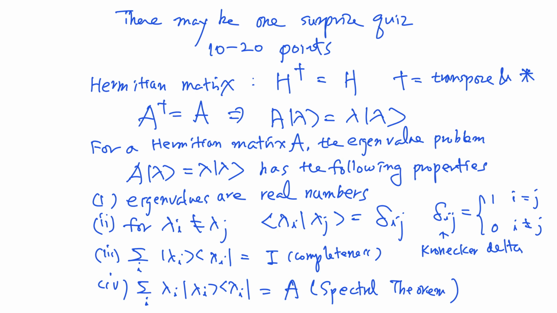So the last property is very important because using that, you can represent functions of matrices. So this is a very important property of Hermitian matrices.